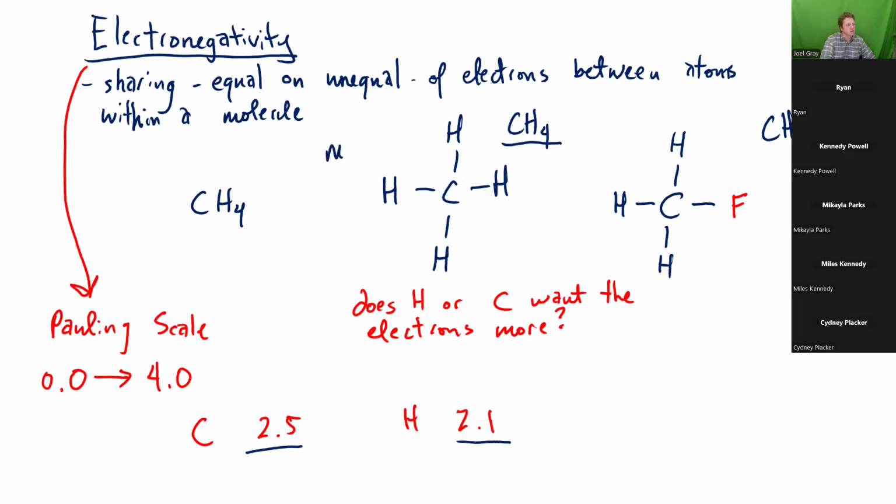So we say that this is non-polar because all of those forces are equal and they cancel one another out. Now, CH3F is a molecule that is being pulled three different ways and one fourth different way. So this is a molecule that is asymmetrical.